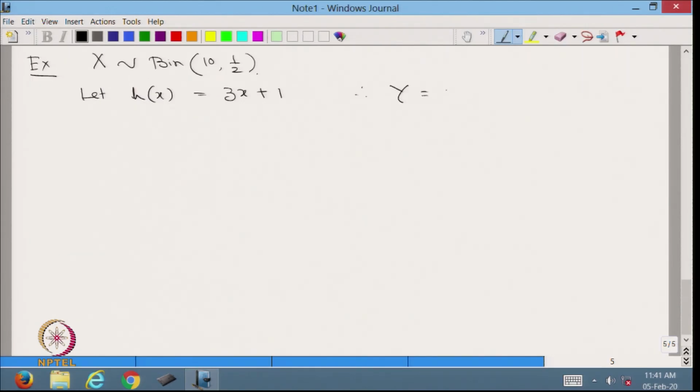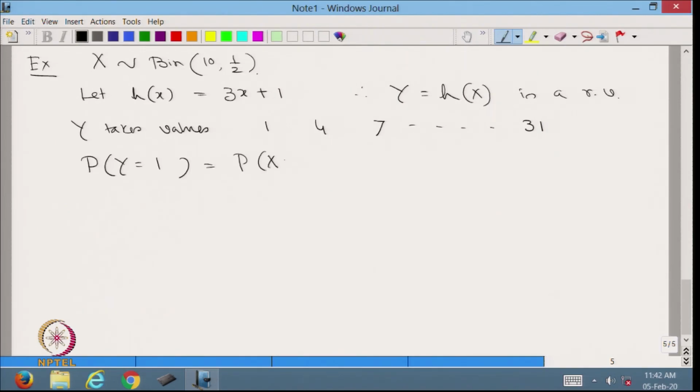Therefore, Y is equal to h(X) is a random variable, where Y takes values 1, 4, 7 up to 31, with the probabilities that we can understand: probability Y is equal to 1 is equal to probability X is equal to 0, which is 10C0 half to the power 10, etc.